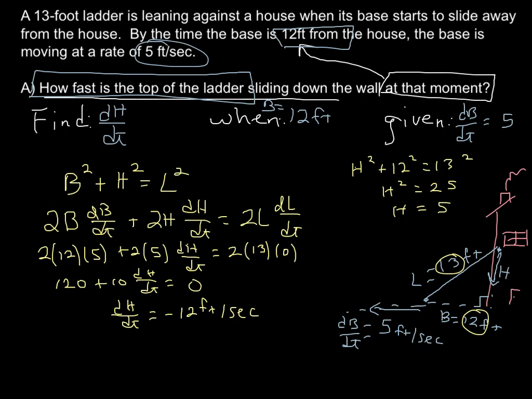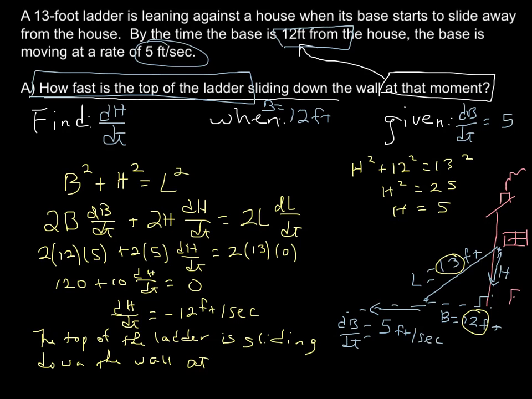Now we want to write a little sentence answering the question, but we want to go back and read the question, because it says, how fast is the top of the ladder sliding down the wall at that moment? So we would say the top of the ladder is sliding down the wall at, and we're going to be very careful here, because the negative in our answer implies already that it is sliding down the wall.